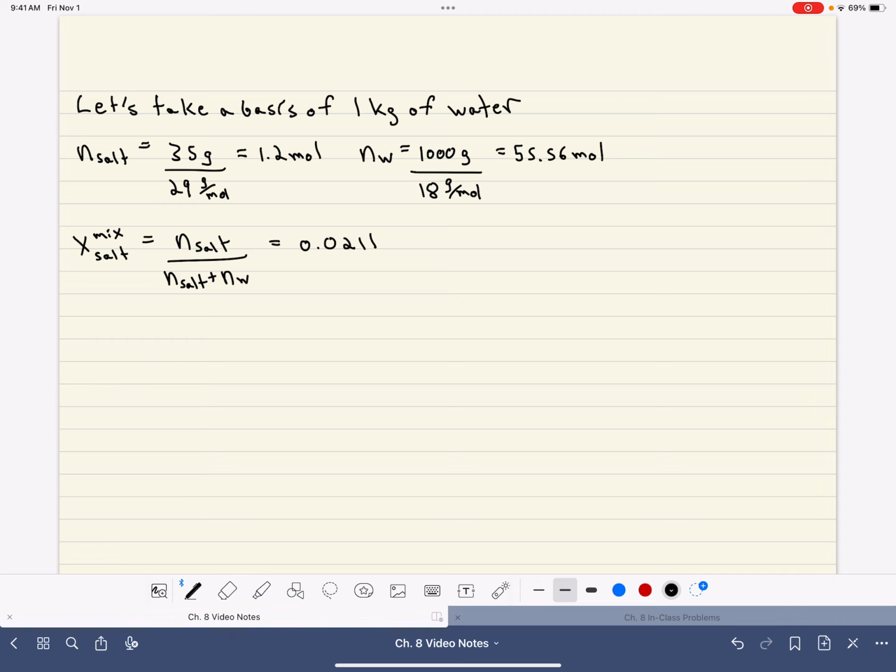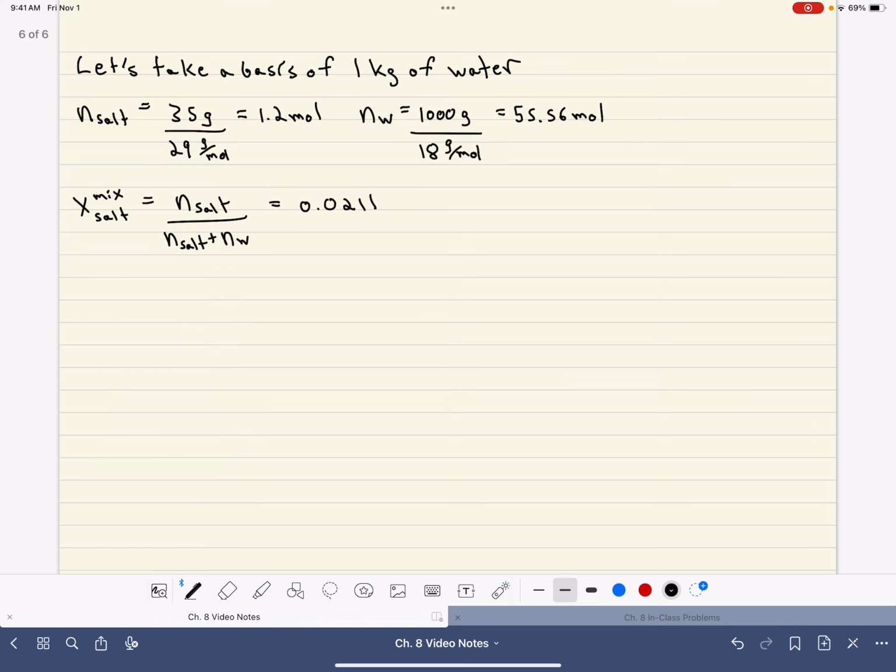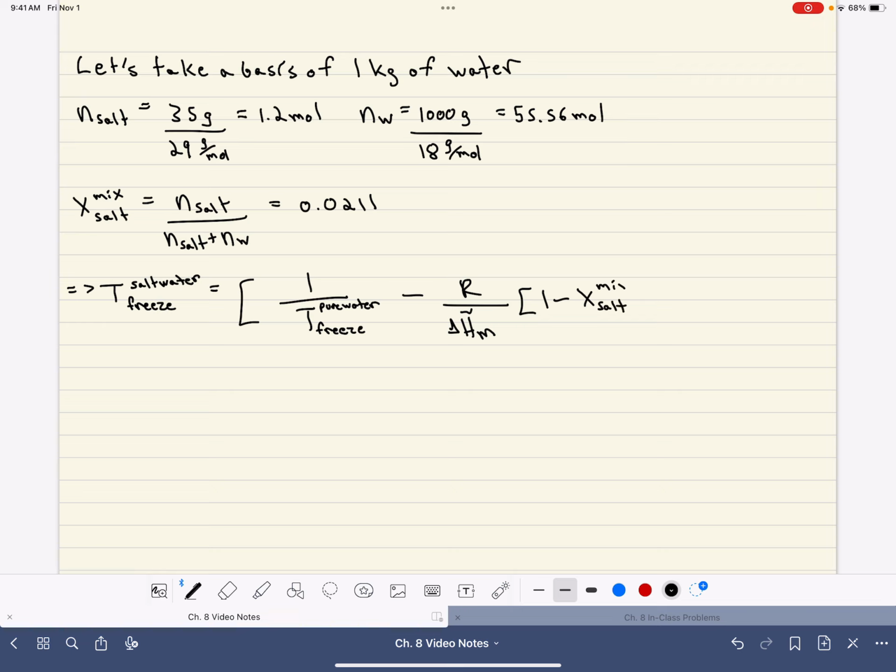Okay. All right, so now that we have that, we just plug into our model. So I'll write this explicitly. This is the temperature at which salt water freezes. That's just going to be equal to T1 over T freeze of pure water minus R over delta HM, which we are given in the problem statement, minus 1 minus the salt in the mixture.